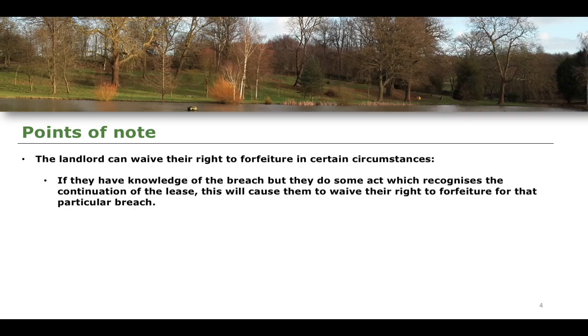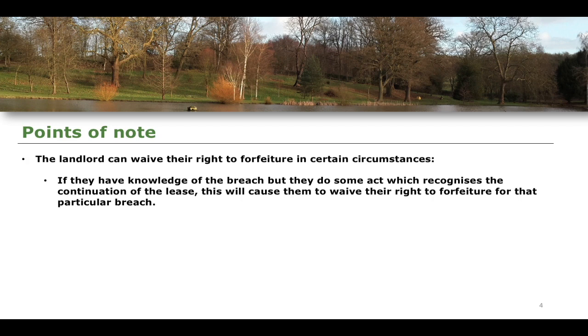If they have knowledge of the breach, for example, but they do some act which recognizes the continuation of the lease, this will cause them to have waived their right to forfeiture for that particular breach, because it essentially implies that the breach in question was not severe enough to warrant the termination of the lease, at least in the eyes and intent of the landlord. So if they knew about the breach of the covenant, but then recognized the continuation of the leasehold agreement, then they waive their right to forfeiture.